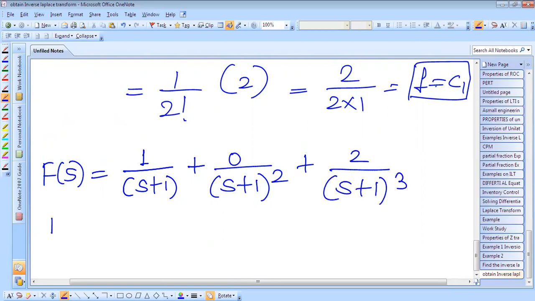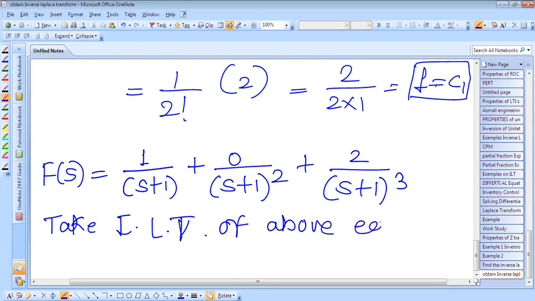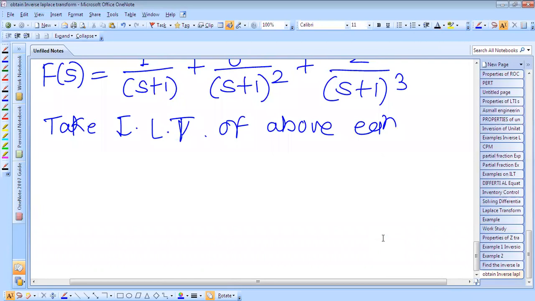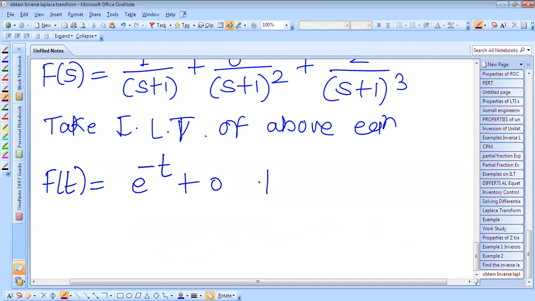Now take the inverse Laplace transform of the above equation. So f of t is equal to e raised to power minus t, the zero term vanishes, plus t square into e raised to power minus t.